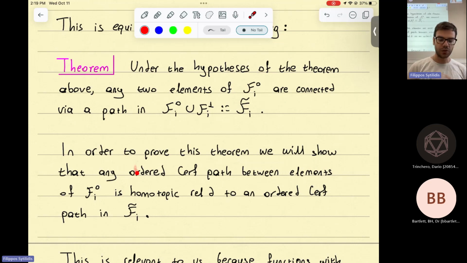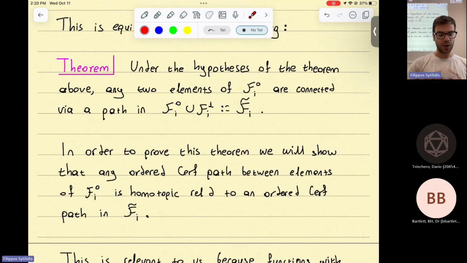We know that an ordered Cerf path will always exist. That's from the previous talk. And now we're going to take such an ordered Cerf path as an input. This ordered Cerf path, a priori, might have critical points of whichever index, but we're going to show that it's okay to only keep critical points of index I and I plus 1.